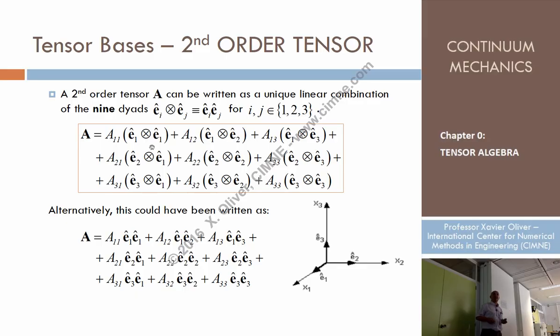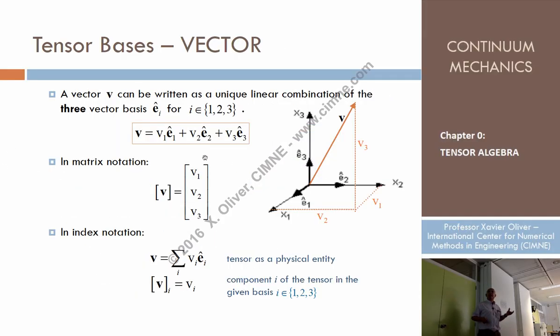So one group, one dyad, is E1 and E1. They are considered one group. And this symbol here, that we use sometimes, a cross circle, is also called the tensor product. We'll talk about that. It implies that these two make one element of the new basis, which is more complex than the order 1 basis.